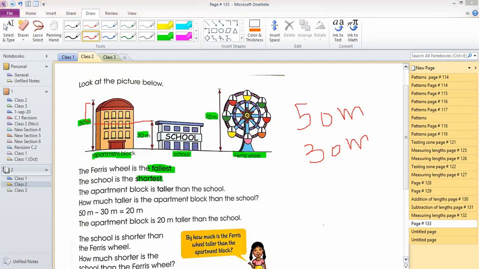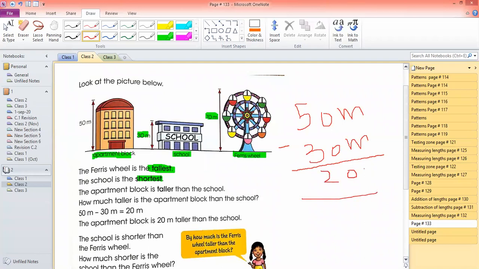That's very good. Okay, I will repeat it for you guys. If you need to find out how much taller the apartment block is than the school, then you will subtract the height of the school from the height of the apartment block. 0 minus 0 is 0, 5 minus 3 is 2.